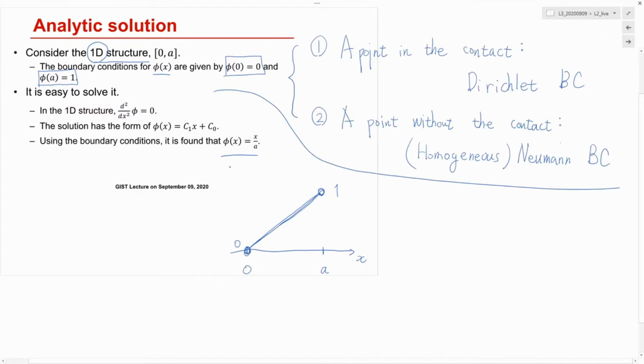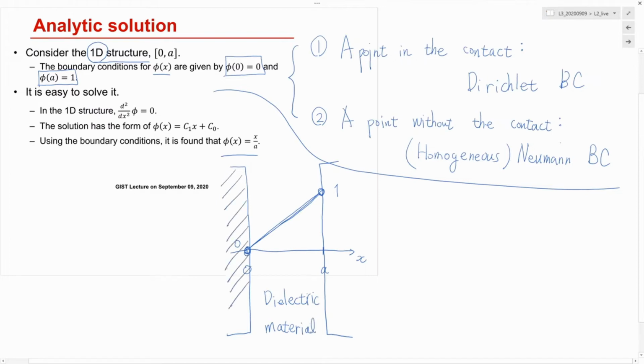Okay, then where can you find such kind of situation? Let's say that now here, there, you have introduced a dielectric material and make a parallel plate capacitor, and this part is just grounded, and this part is connected to a voltage source whose magnitude is just 1 volt.